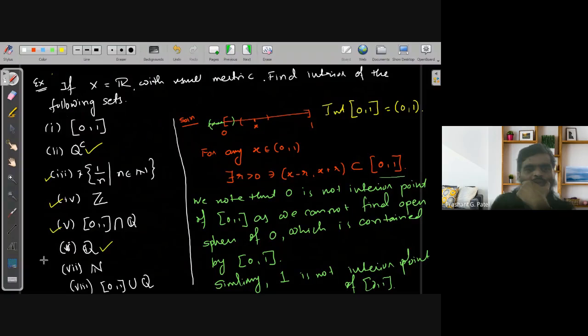What about the fifth example? Use the result which we did previously. That way also you can get it.